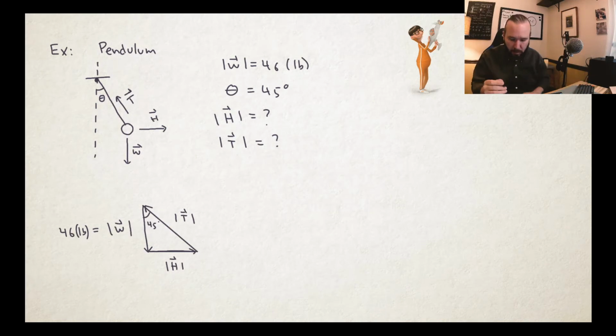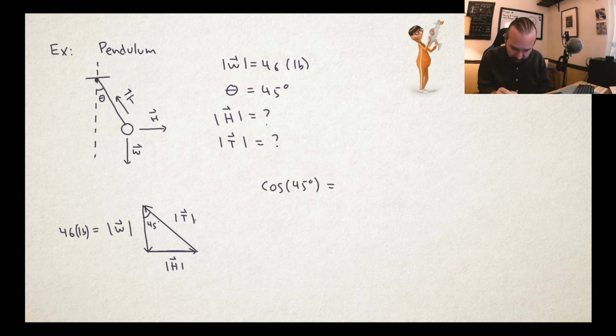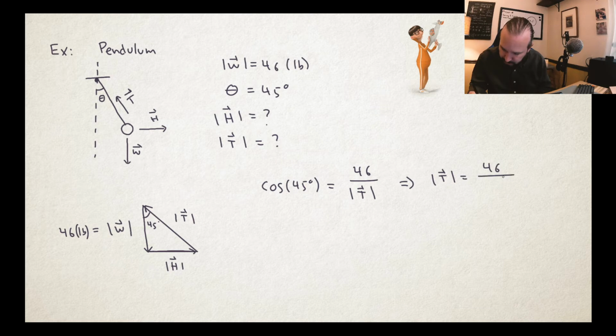So, according to right triangle trigonometry, I have an adjacent side, and let's say I want to figure out the magnitude of T on the diagonal. The cosine of 45 degrees is equal to adjacent over hypotenuse. So if I multiply both sides by the magnitude of T and divide both sides by cos 45, I'll have the magnitude of T equals 46 divided by the cosine of 45 degrees.